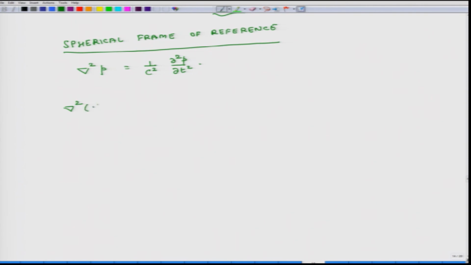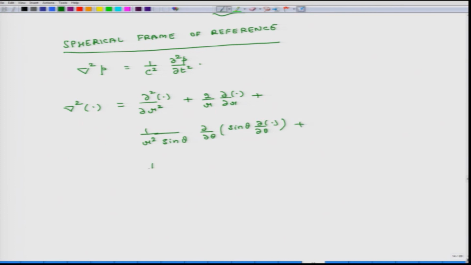Oh, there should not be a sine square here.